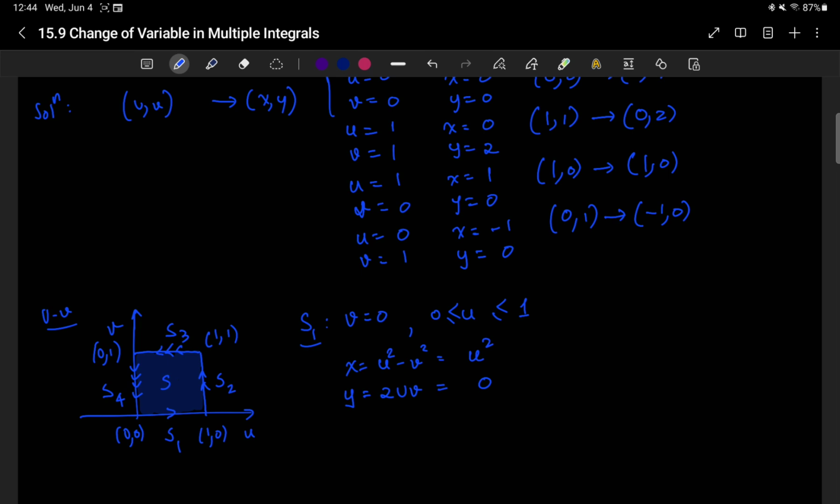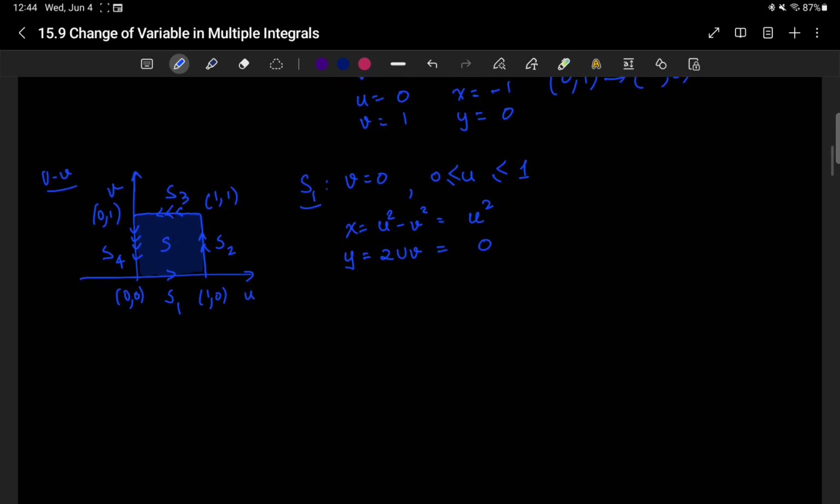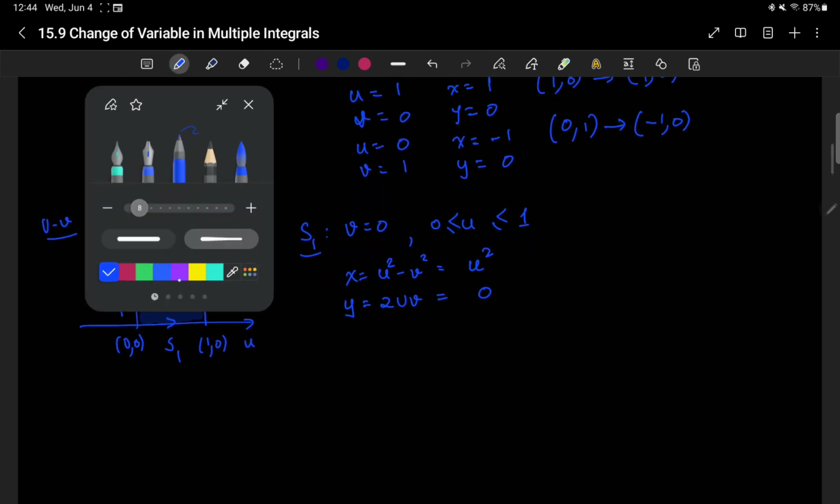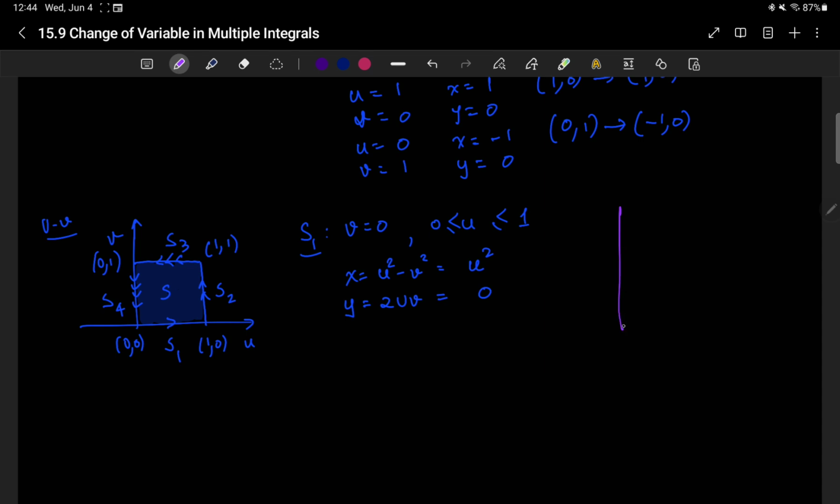So we have x equals u squared and y equals 0. So how does that map into our R world, or the xy world here? Let's look at that. S1 will correspond to y being 0, which means it's on the x-axis. And how does it vary? x is u squared, so it will also lie between 0 and 1. So this is going to be the image of S1 in the transformation.